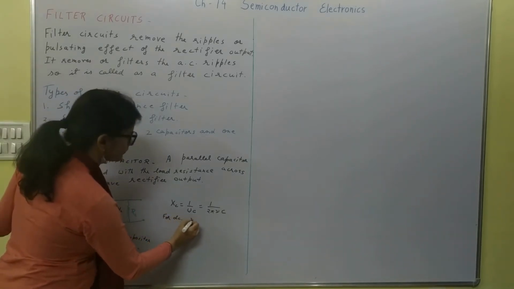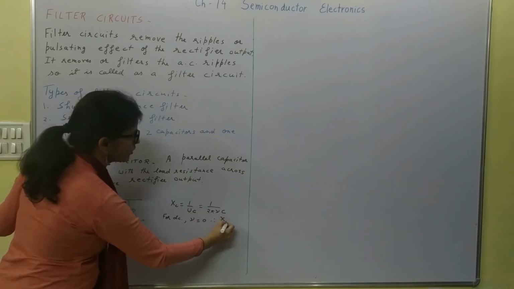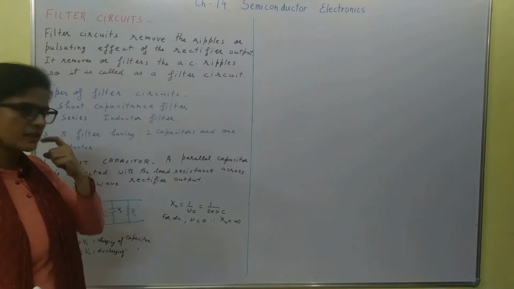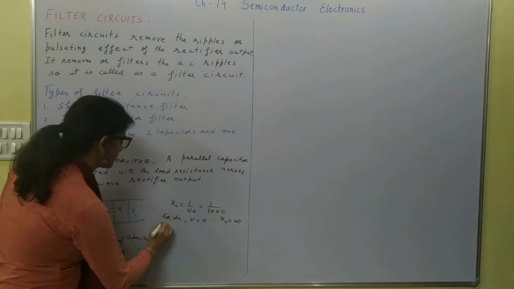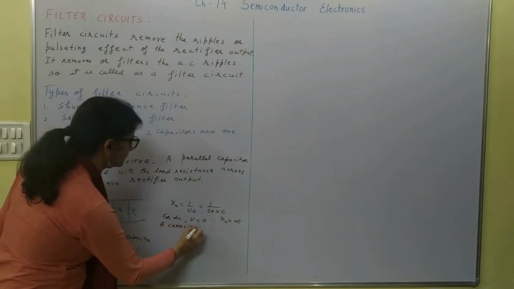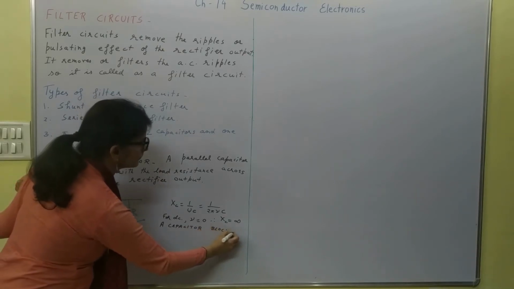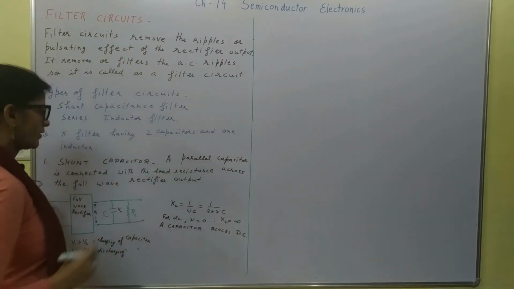Frequency is 0. Therefore Xc is how much? Infinity, because 1 upon 0 is infinity. So you can say that a capacitor blocks DC, right?